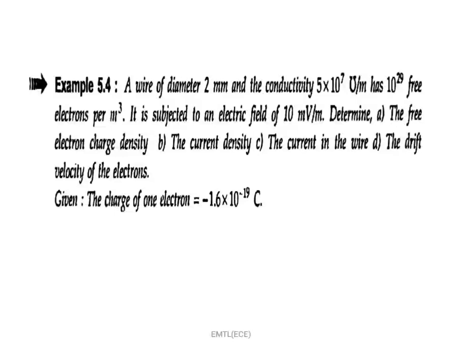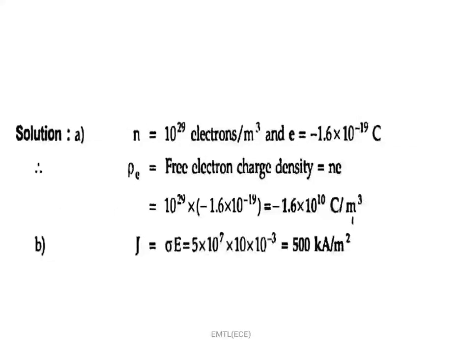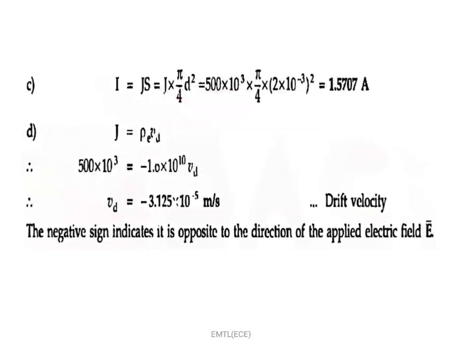So the area is pi by 4 d square, where d is the diameter. To convert it into meters, pi by 4 into (2 into 10 power minus 3) whole square, and the J value is converted into ampere per meter square, that's why 500 into 10 cube.